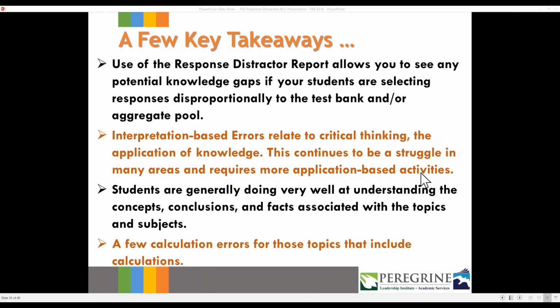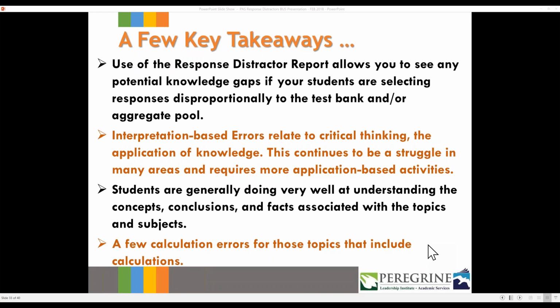So as I mentioned, the interpretation-based errors relate to critical thinking, the application of the knowledge. And as we know, this is a challenge where schools are faced with not only measuring, but also how to improve it, right? So this is really helpful, hopefully, for you to get another piece of information in this form.